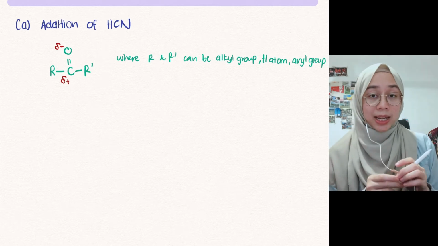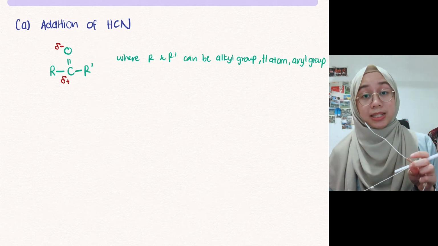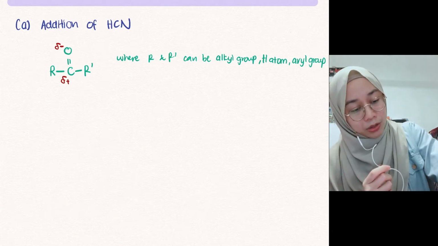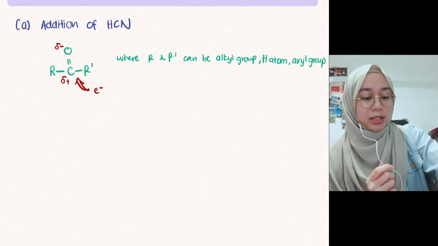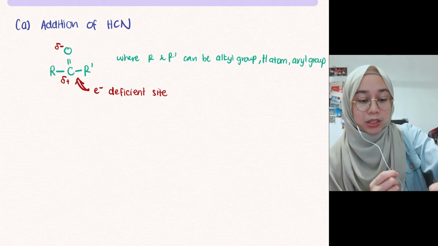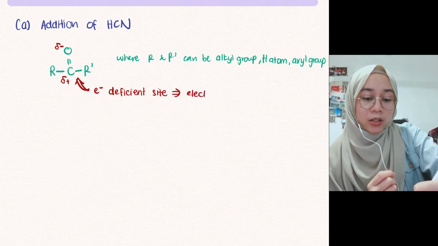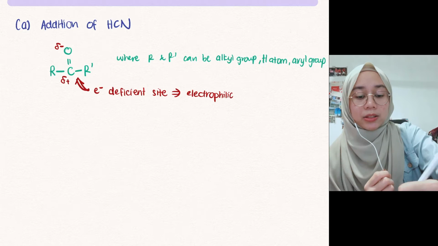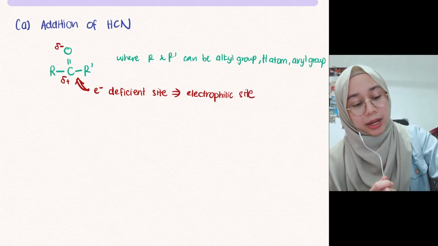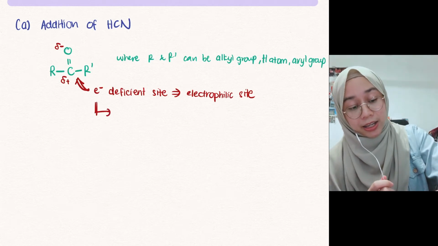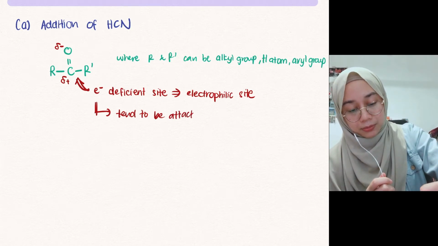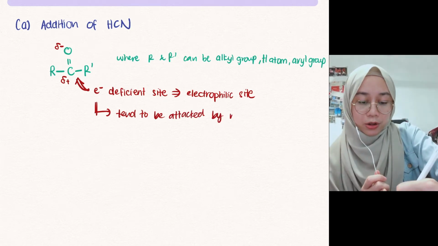So specifically dekat bahagian mana sebenarnya yang miskin dengan elektron? It is actually dekat bahagian carbon tu sebenarnya. Okay, so dekat bahagian carbon ni, so this is what we call as the electron deficient site. Okay, which is known as electrophilic site. So kalau itu adalah electrophilic site, so siapa yang akan attack nanti kelas? Electrophilic site ni, so of course akan kena attack oleh nucleophile. Okay, so this one tend to be attacked by nucleophile.